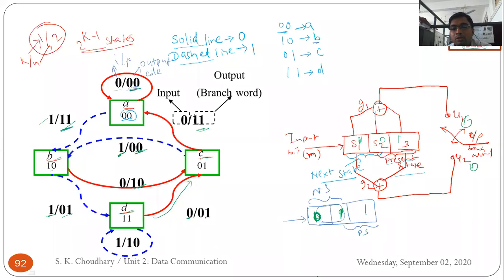But what is the output? 01. How will it be decided? You can easily see there 0 plus 1 plus 1, it is 0, even number of 1s. 0 plus 1, it is 1. U2 is 1. So 01 is your output.